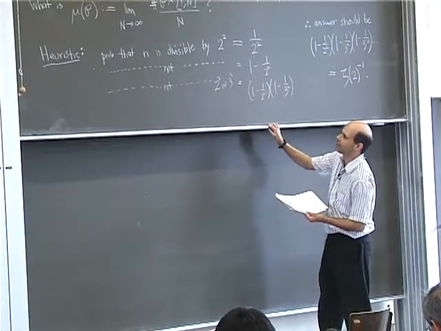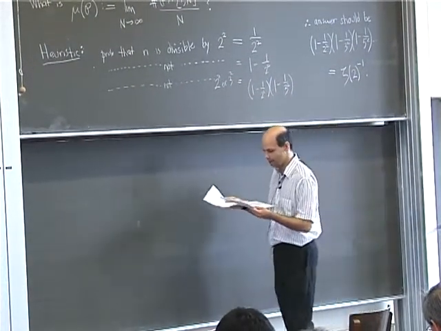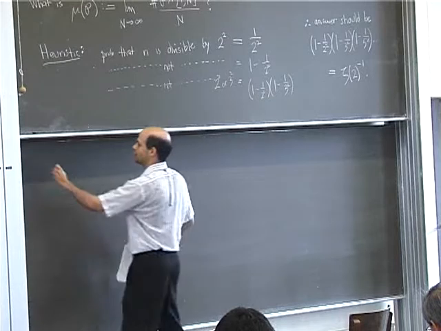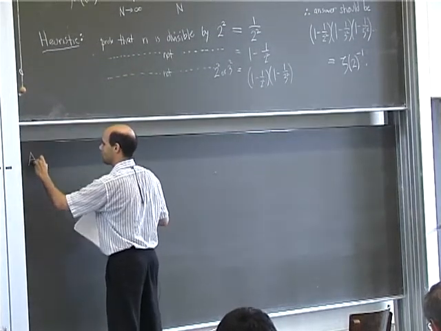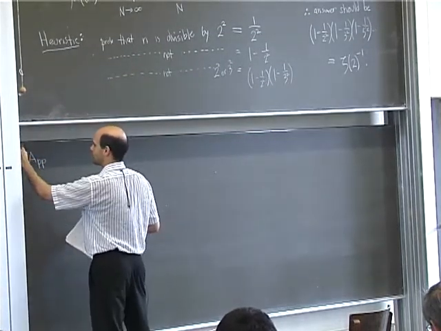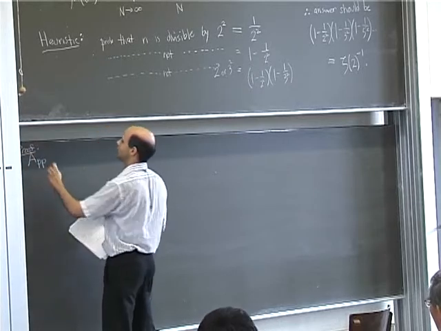Okay, so the way you actually turn this into a proof is to approximate the set we want to measure. So this is actually the proof. That was the heuristic.